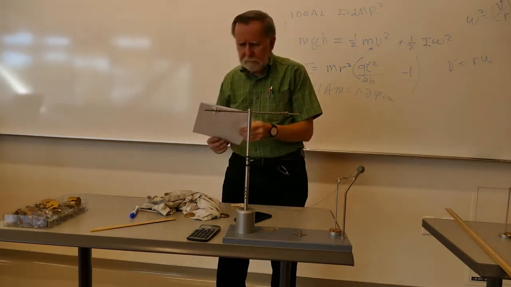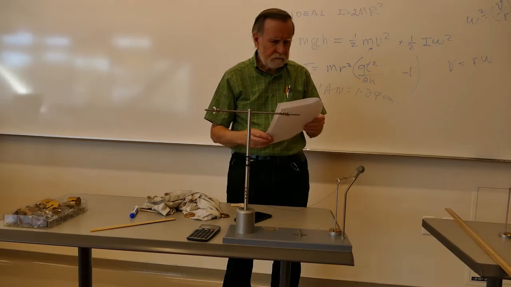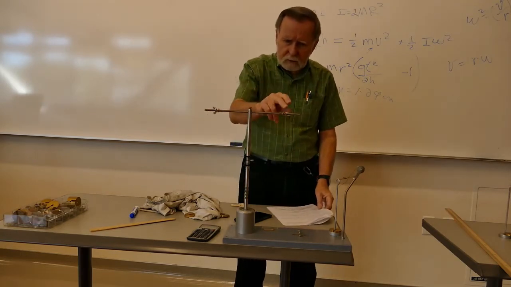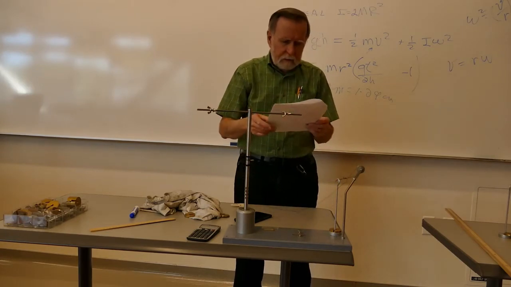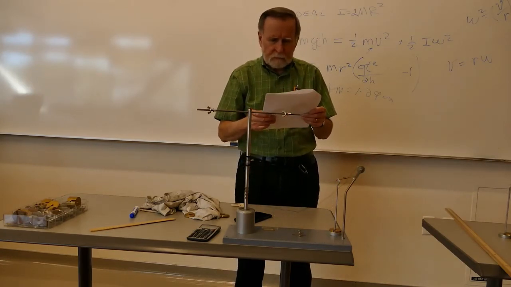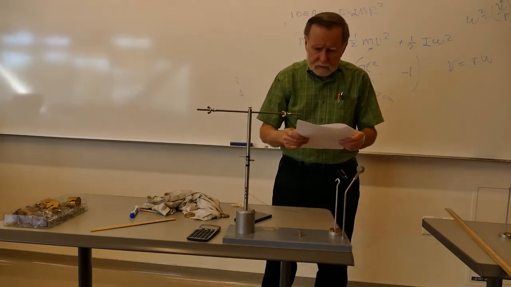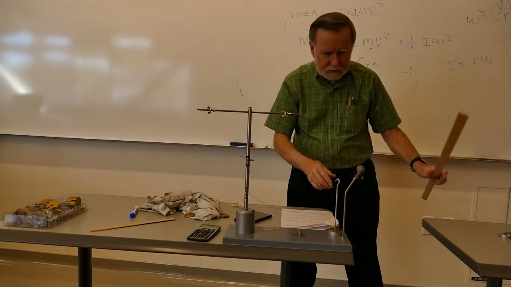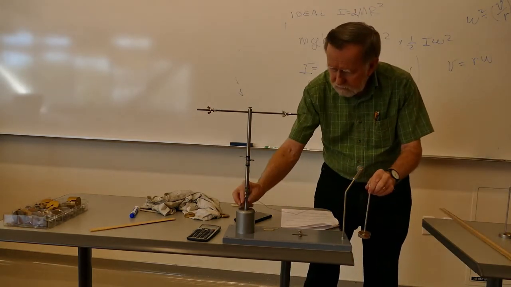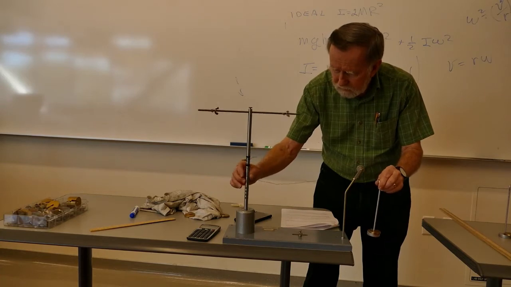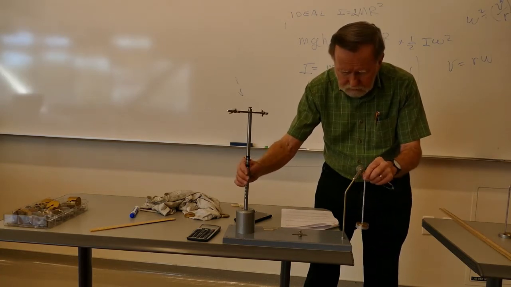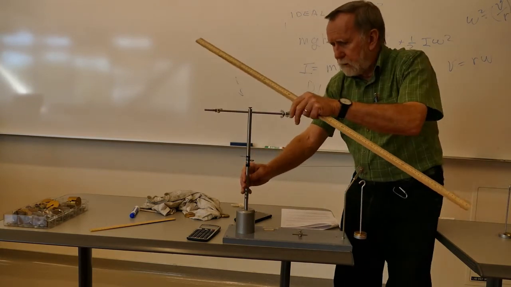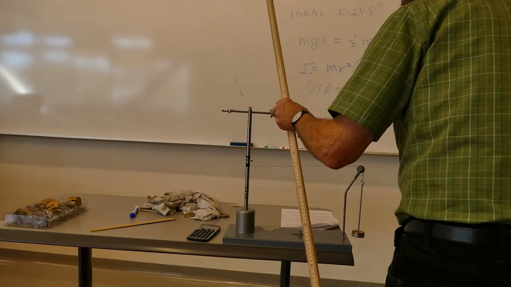Okay, so let's follow the instructions. We've removed the 2 individual masses. And we're going to release the 100-gram mass, letting it descend downward, causing the system to rotate. All right, so let's wind this up. I better come around to the front so I can see the meter stick clearly.